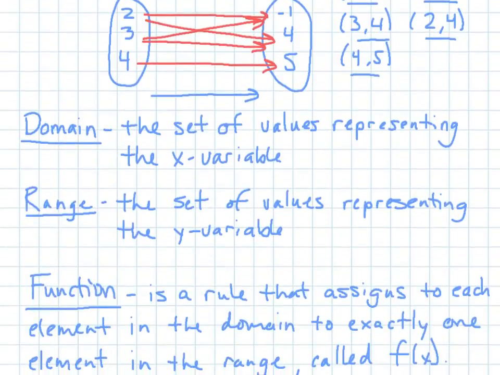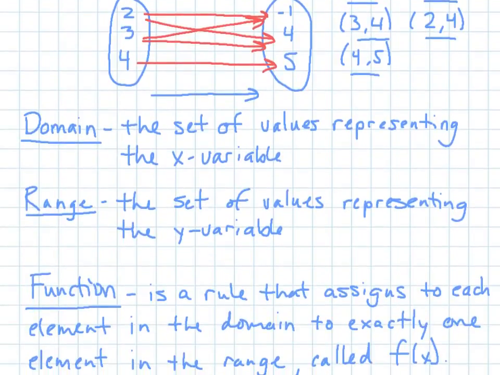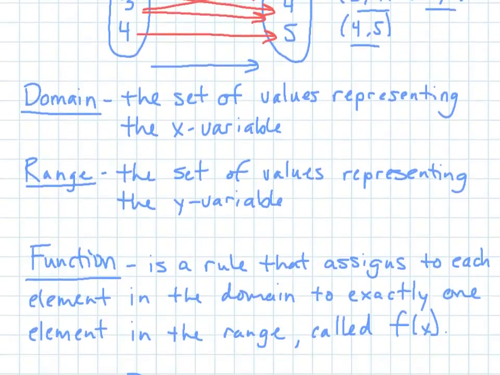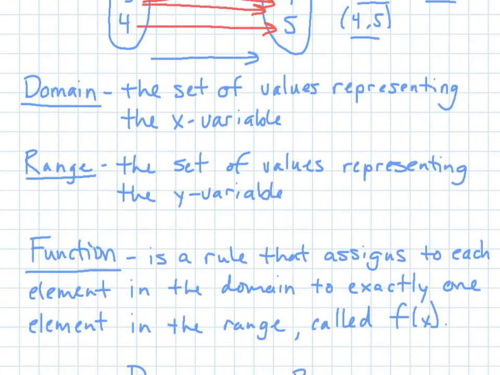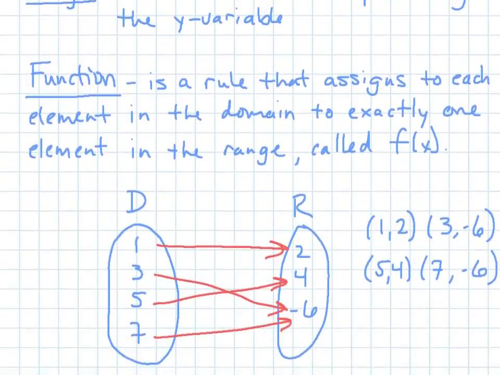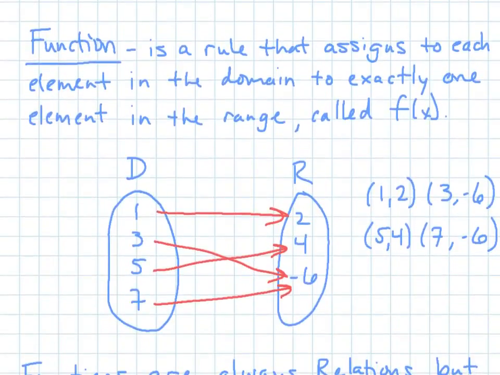Now, just to remind you that domain is the set of values representing the x variable, and range is the set of values that represent the y value. Okay? Now, a function is a little different than a relation in the fact that all your x values have to map to exactly one y value.